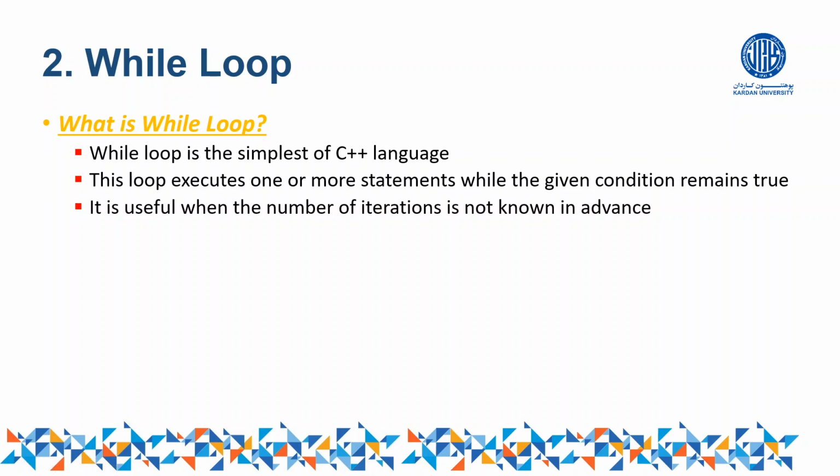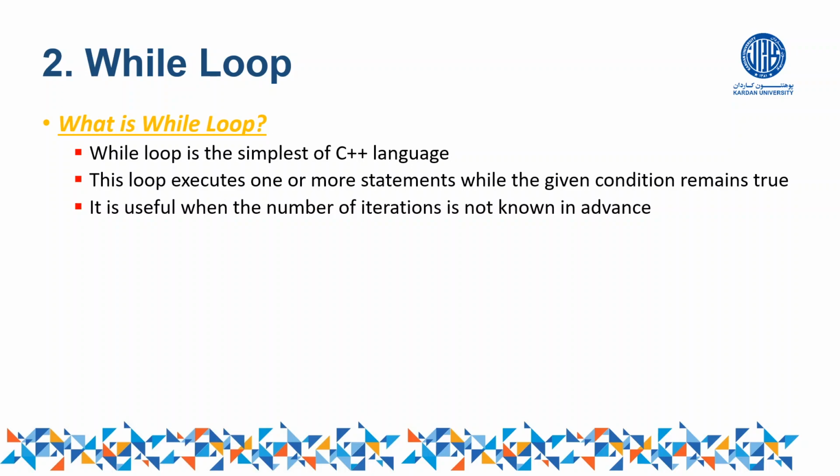In the previous lecture, we discussed the for loop. The duty and job of the for loop was the same. Basically, this loop also executes one or more statements while the given condition remains true. So unless the condition is true, the statements inside the body of the loop will be executed.